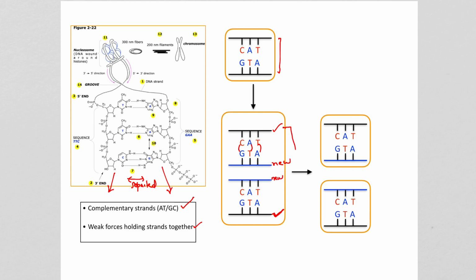So this original strand and the new strand go to one cell, while the other new strand and the other original strand go to the second cell. So the new cells also get the same chromosome information as was contained in the parent cell.